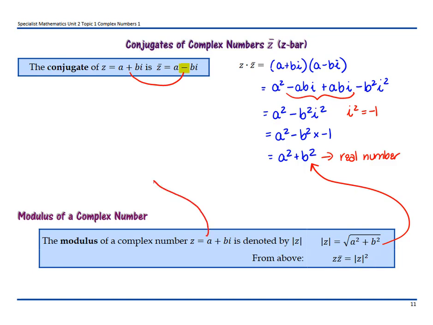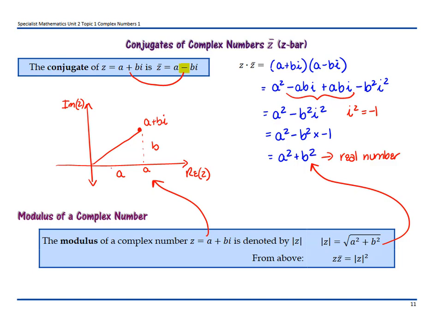Now, just as a side note, and this will make more sense when we get to graphing, which we're not there yet, we talk about the imaginary plane and the real plane. So if I've got a plus bi, let's just say this is a plus bi here, then this distance here is a, and this distance here is b, isn't it?